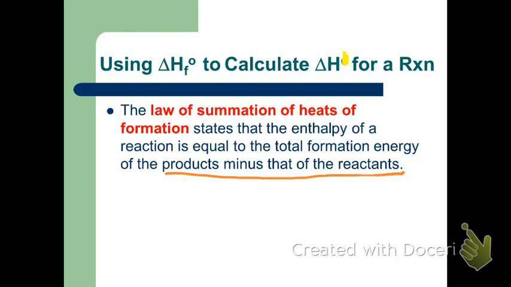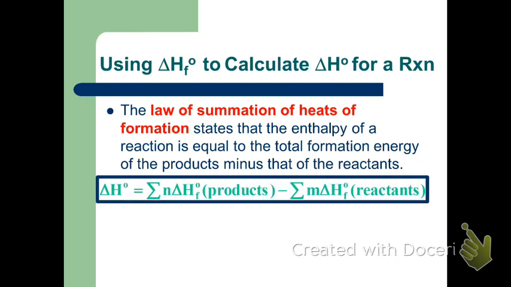So if for every one of the elements and molecules in a chemical reaction, we can get a number from a data table, we can then just do some simple subtraction and addition and get our delta H for that reaction. It's pretty straightforward. Okay? There is the equation.